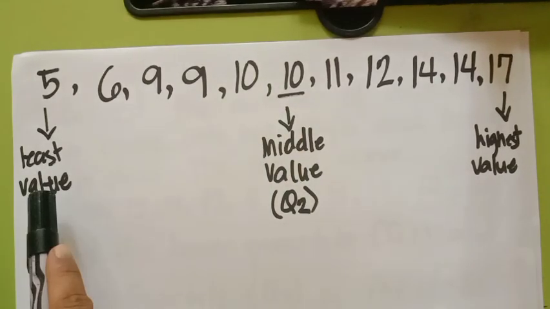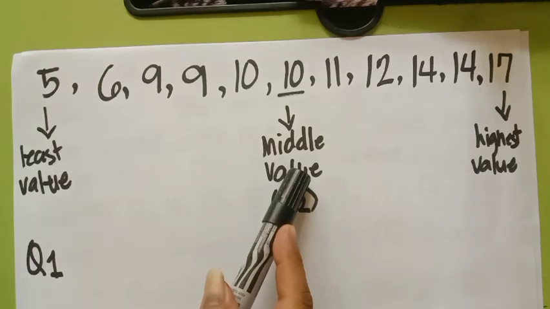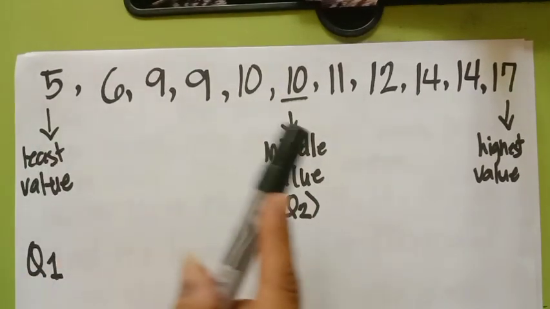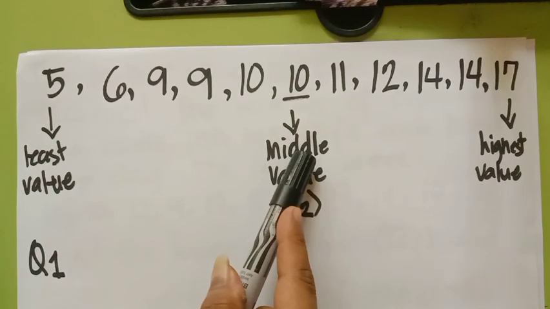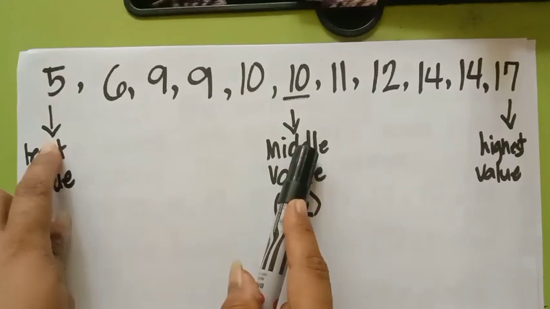Kaya pinahanap sa inyo kanina kung ano yung least value and middle value, kasi kukunin natin yung Q1 sa pagitan ng least value and middle value. So, kuhanin ninyo kung ano yung gitna.